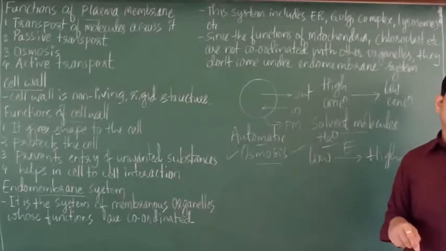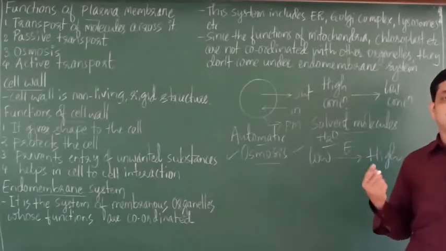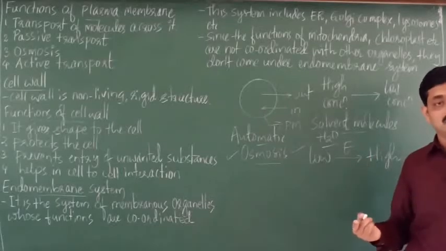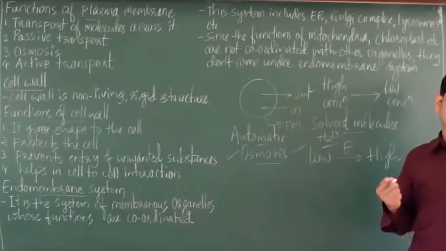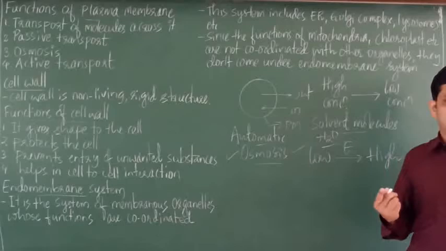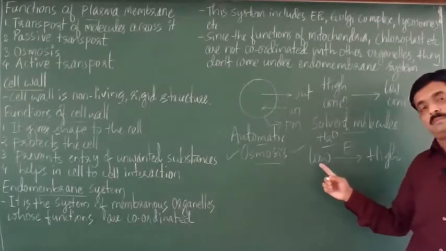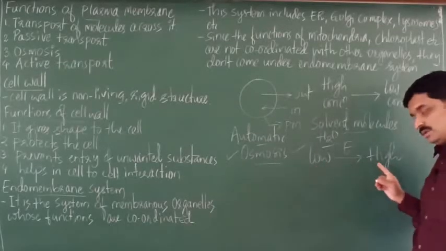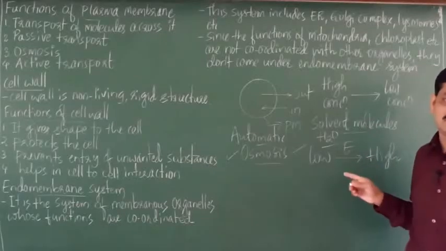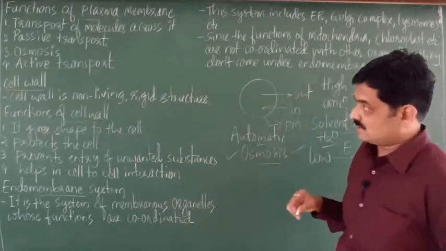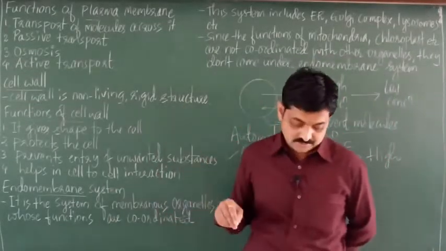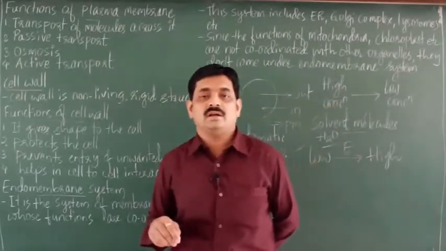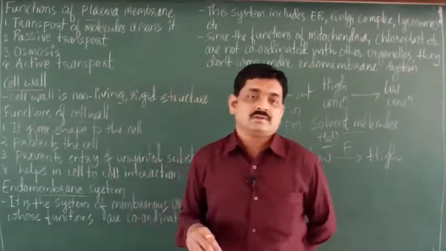So the transport mechanism that requires energy is active transport, where substance moves from low concentration to high concentration. Those are some functions of plasma membrane.